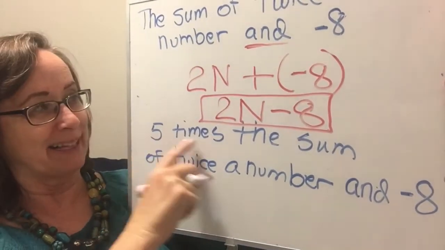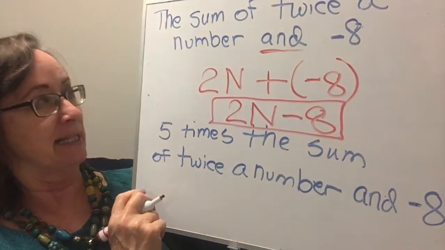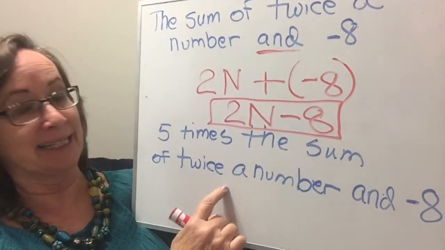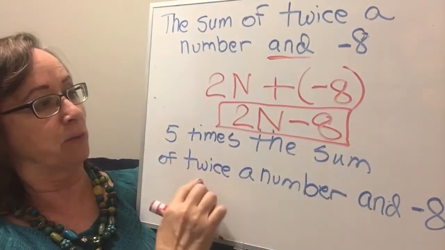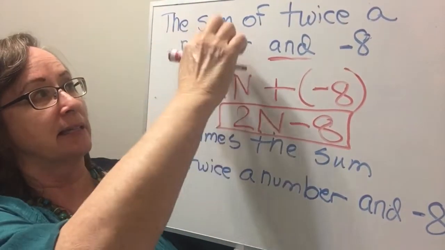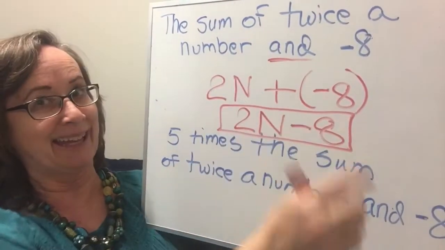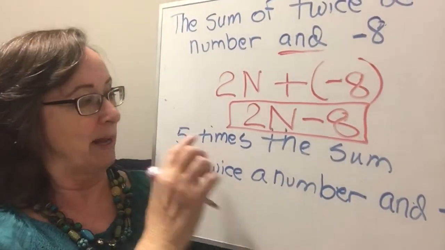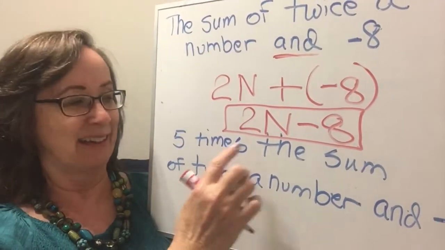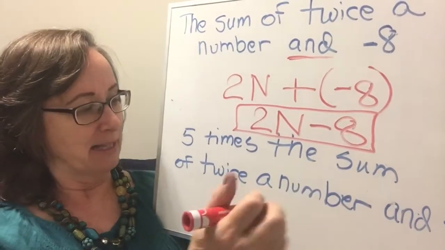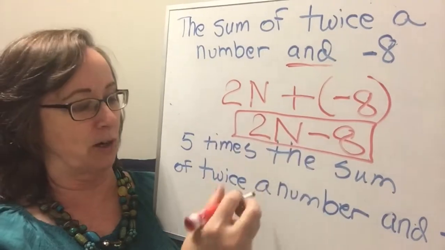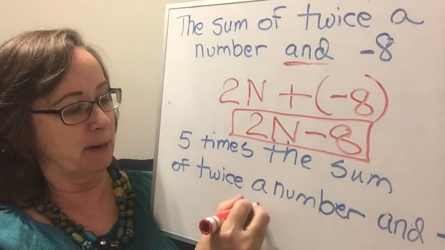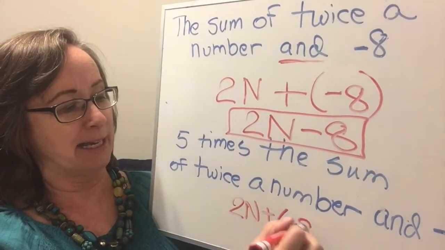So now look at this one. Now notice that this one is inside this one. The sum of twice a number and 8. But now we have 5 times the sum. So we're going to write the same thing. We'll write it in this form first. So twice a number plus a negative 8.